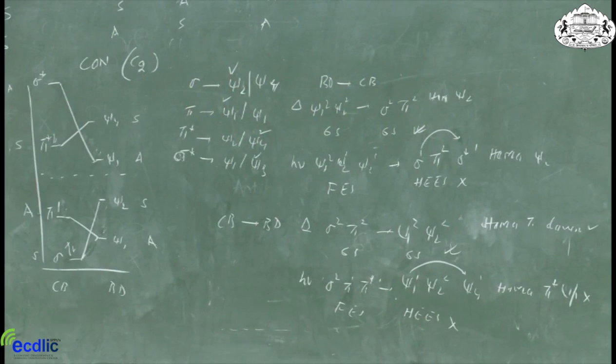If you see the answers that we got from orbital symmetry and the answers that we got from orbital analysis, correlation diagram, exactly the same, end results exactly the same. Okay.